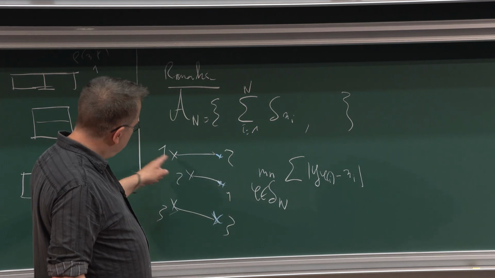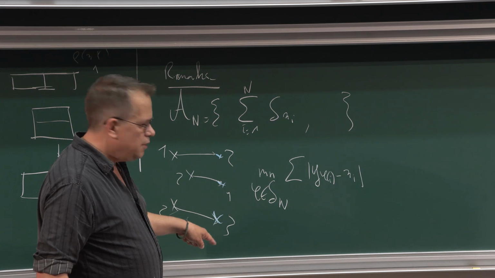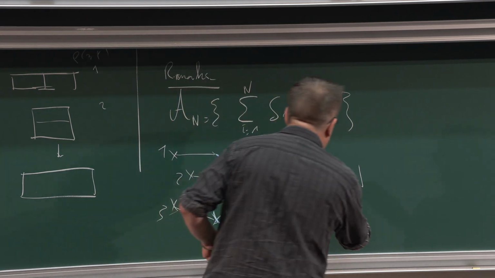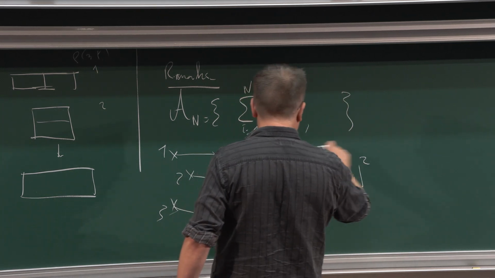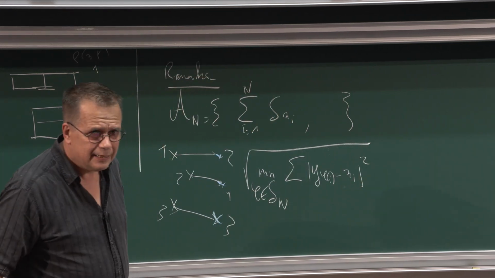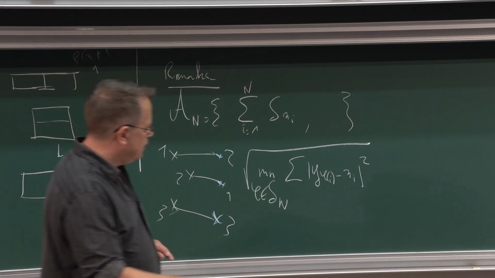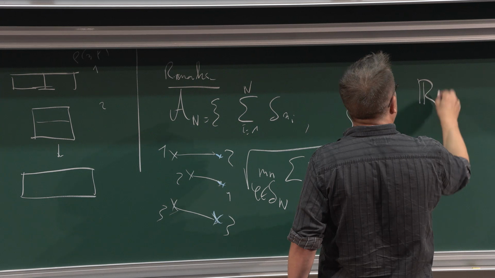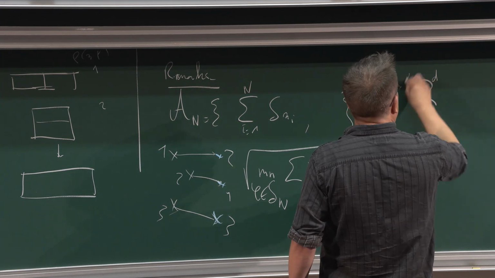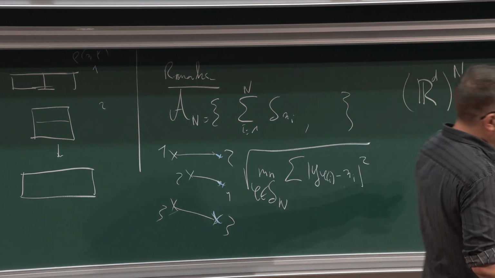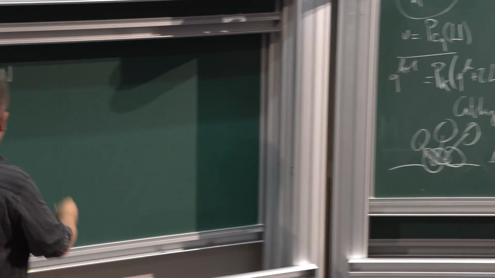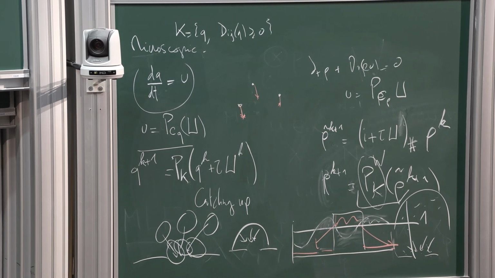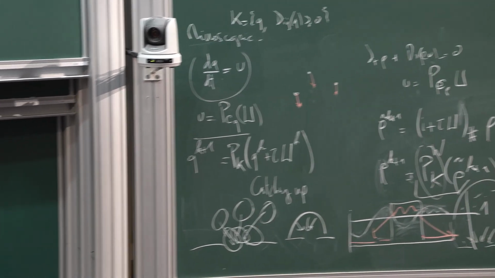So you want to have 1 go to 2, 2 to 1, and 3 to 3. So you're looking for the right permutation, okay? And it takes this simpler form, and this gives you the Wasserstein distance. But it pretty much looks like the set R^d to the n, the set which corresponds to the microscopic version, where you have a collection of n points embedded with the Euclidean distance.